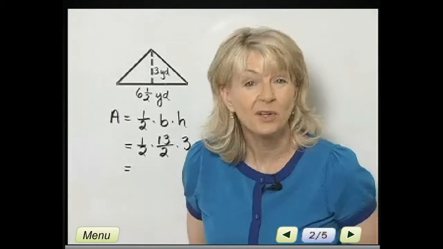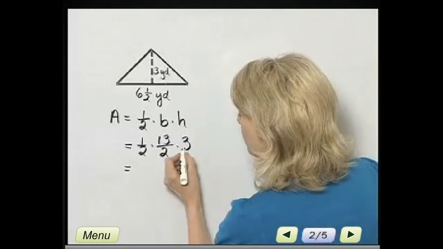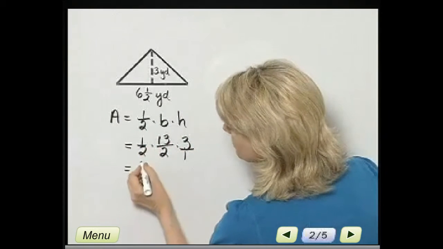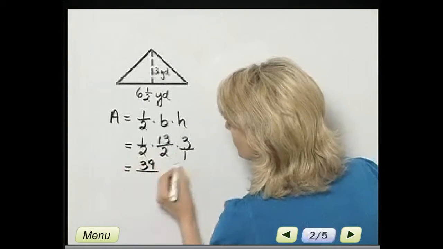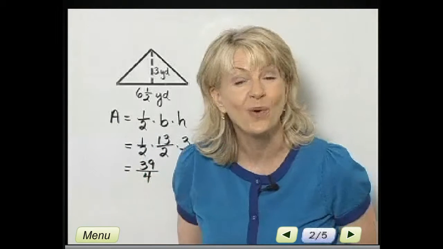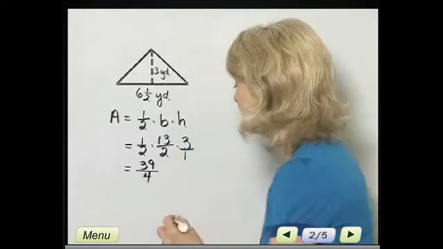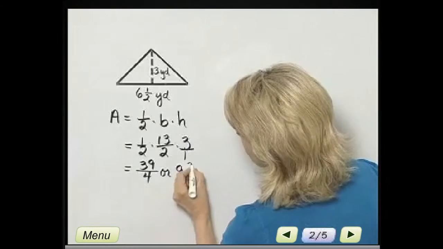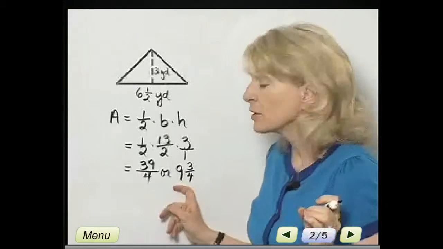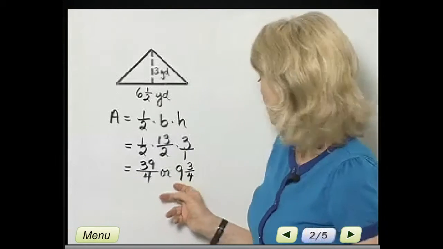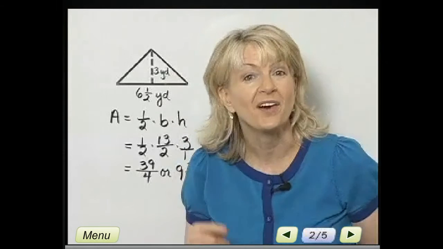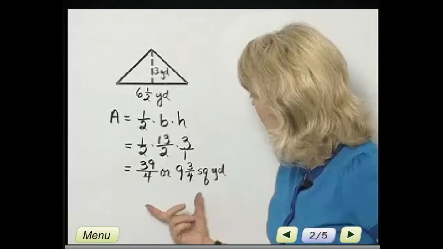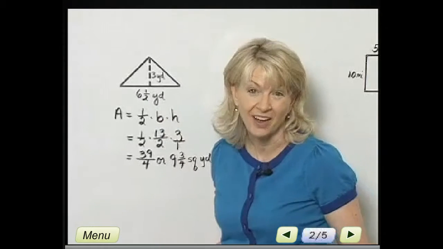And we basically multiply fractions. Now remember, to multiply fractions, numerator times numerator, so that's 1 times 13 times 3, that's 39, over 2 times 2 times 1, or 4, and then let's write this as a mixed number again. Let's see, 4 divides into 39 9 times, 3 left over, so the area is 9 3/4, and this is square yards. That is the area of this triangle.